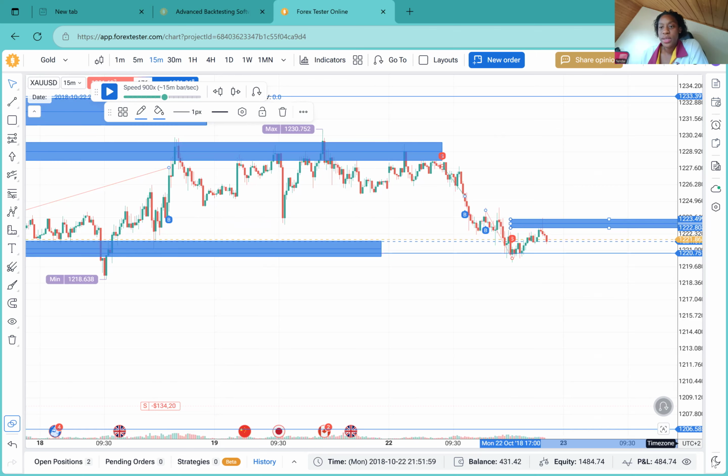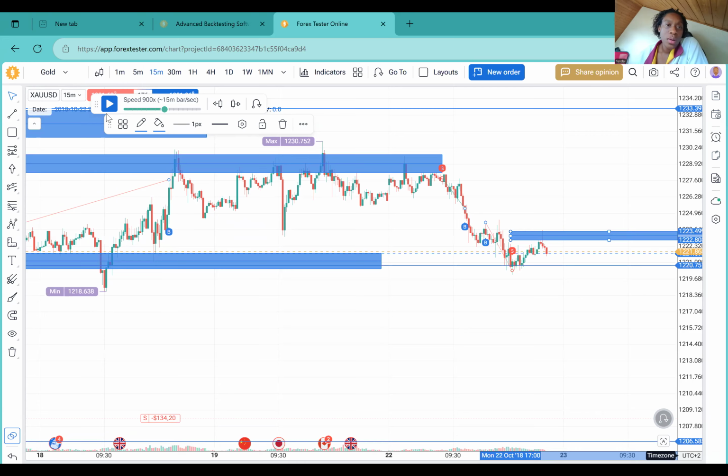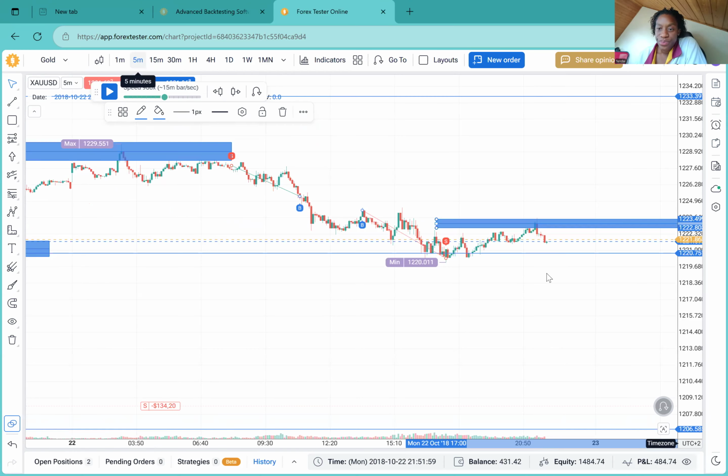So when you see that price is now giving us these corrections, and we are now in a sell. So price is correcting for us to sell.